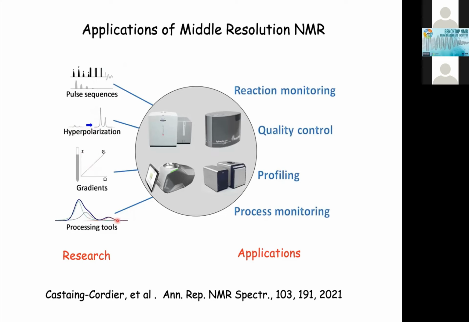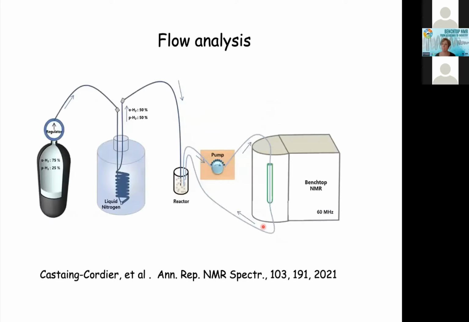In this instrument, the resolution is much lower than in high field NMR, okay? But there are already some applications in reaction monitoring, quality control, profiling samples, and process monitoring. I think all these applications will be shown by some of the manufacturers during the presentation.